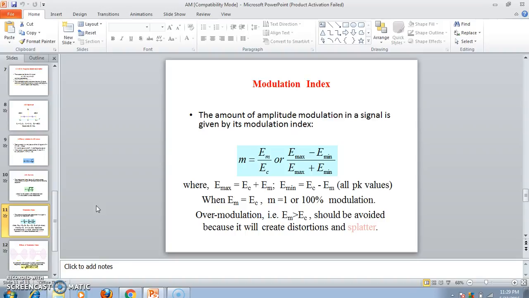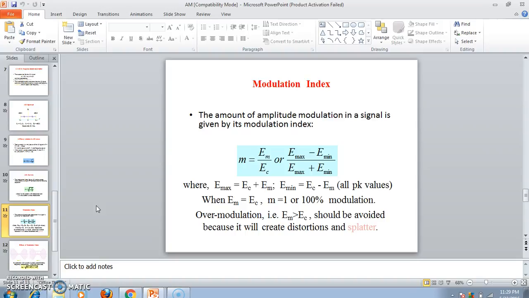It can also be calculated experimentally on an oscilloscope using the relationship Emax minus Emin by Emax plus Emin. So here we have three different types of modulation, or percentage of modulation, or modulation index.